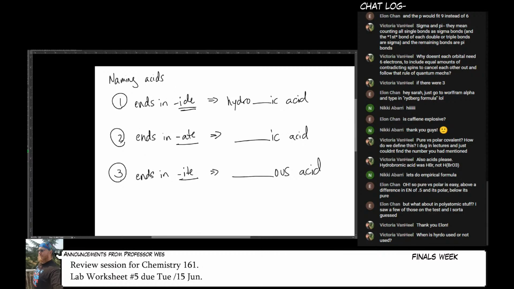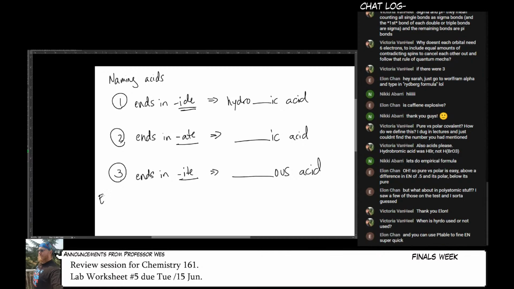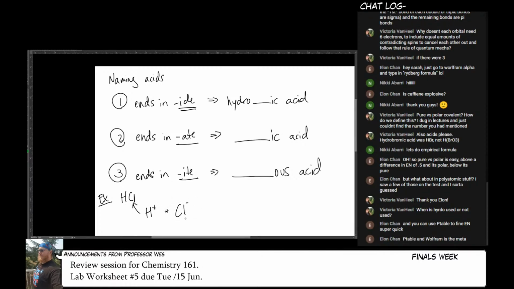So for example, if you had HCl, then the ion, when you split this up, is chloride, right?